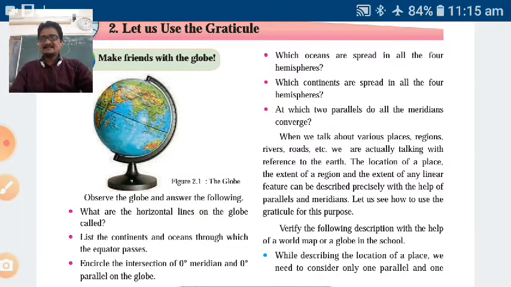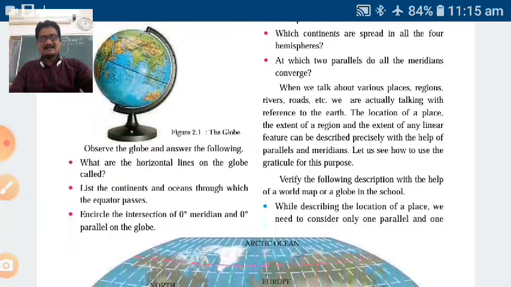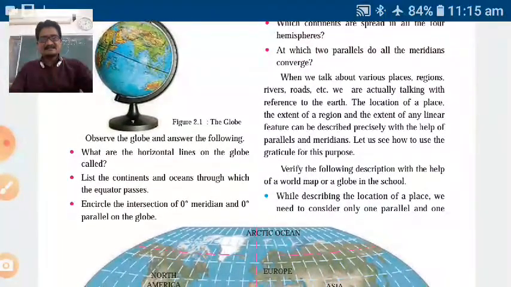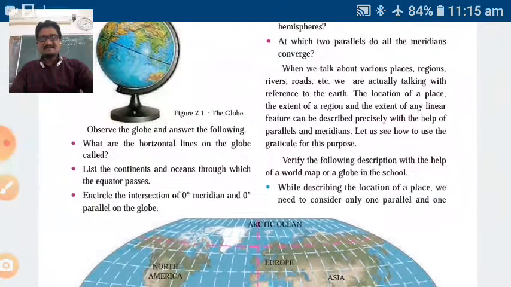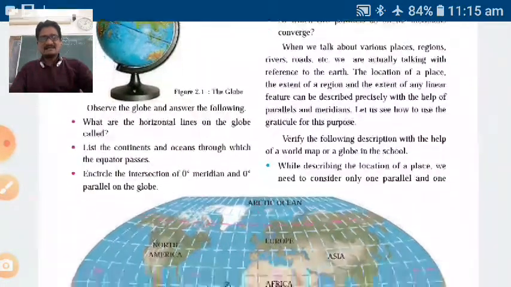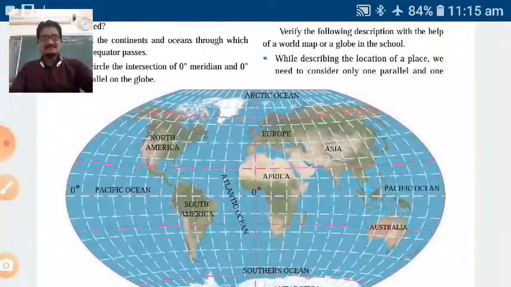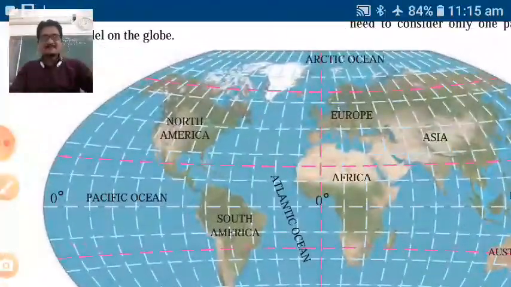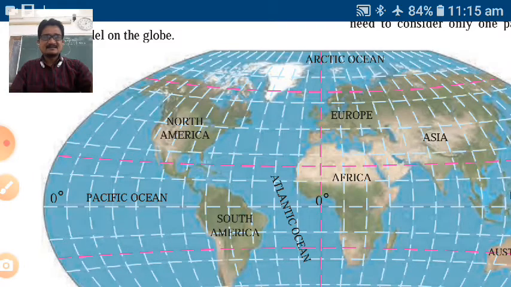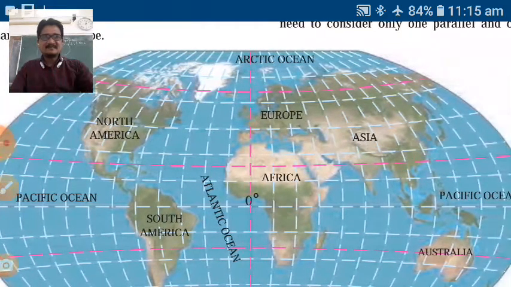The answer is Africa, South America, Asia. These are the continents. Oceans: Pacific, Atlantic Ocean and Indian Ocean. See, Pacific Ocean, this middle line, then again Pacific Ocean on the east side.